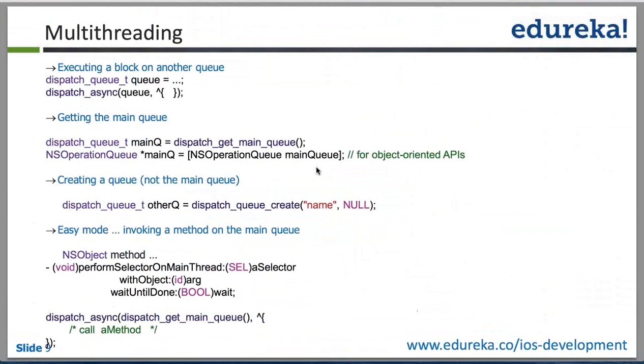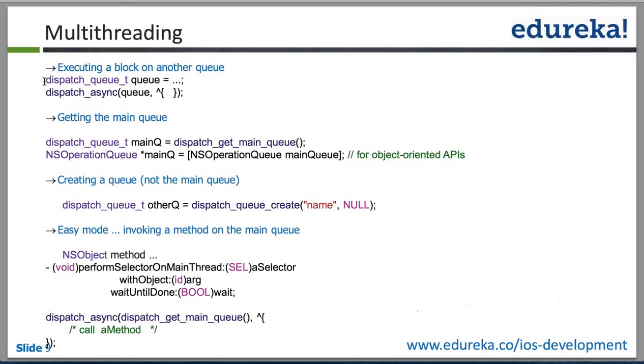So whenever you create an NSOperationQueue, you will get all the methods in an Objective-C oriented way. The syntax will be according to Objective-C. But if you use GCD or dispatch queues, they will be in C-based syntax.